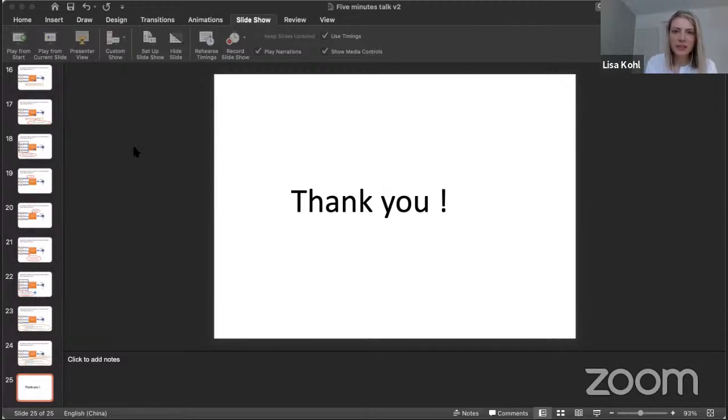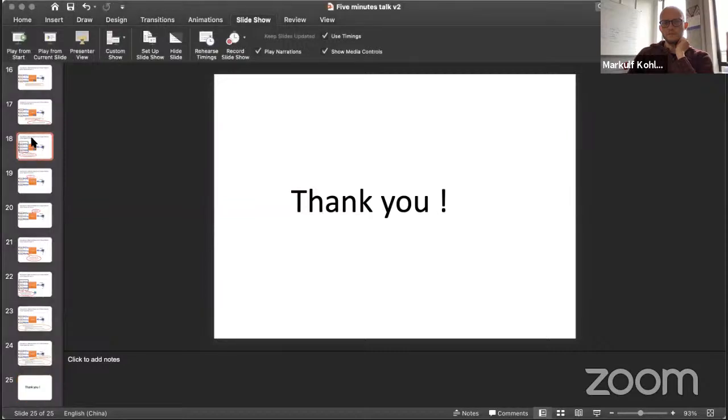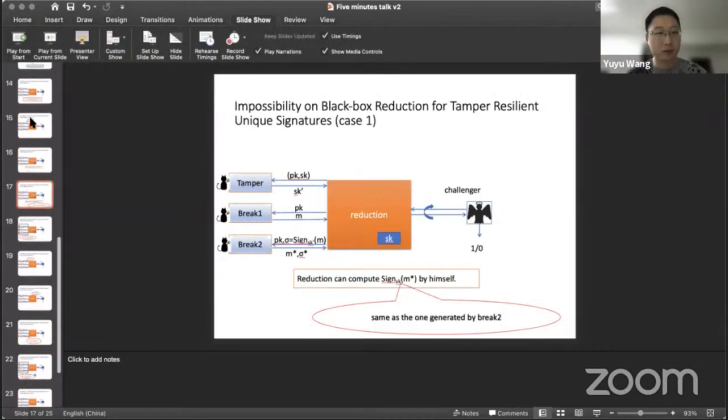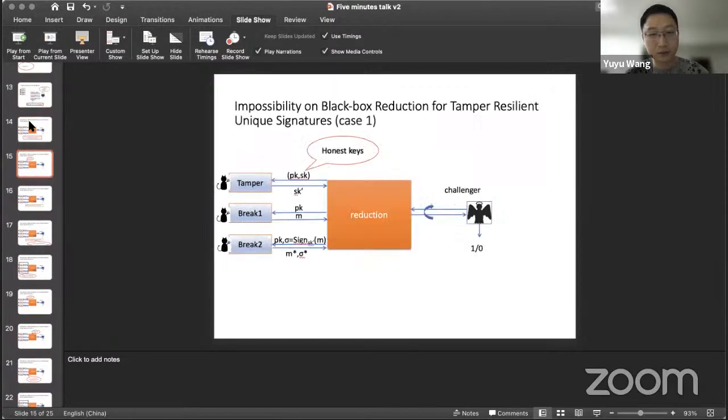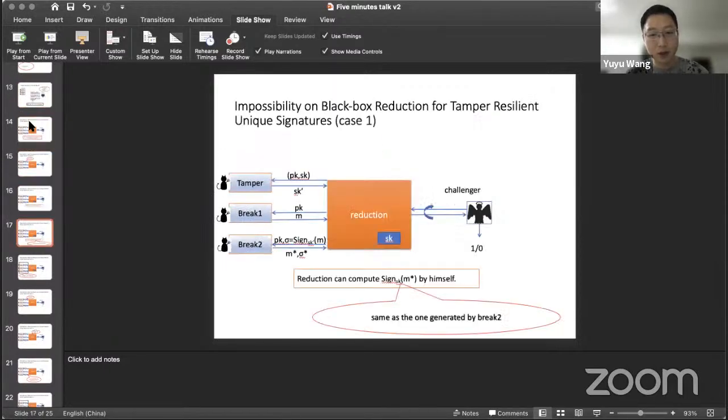Anyone else? Maybe you can elaborate a little bit on when your kind of result breaks down. So when you don't have uniqueness, why does the impossibility not hold for other schemes? Okay. Uniqueness appears here.